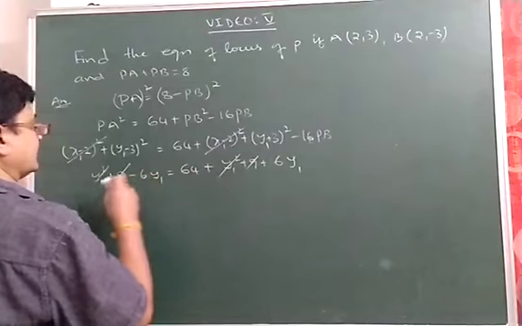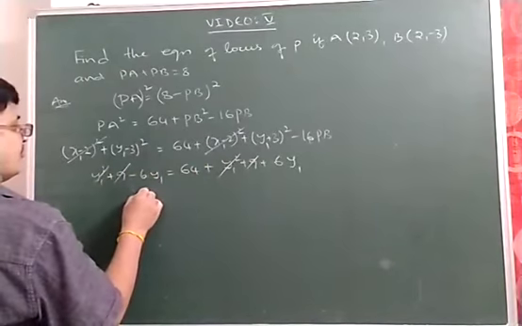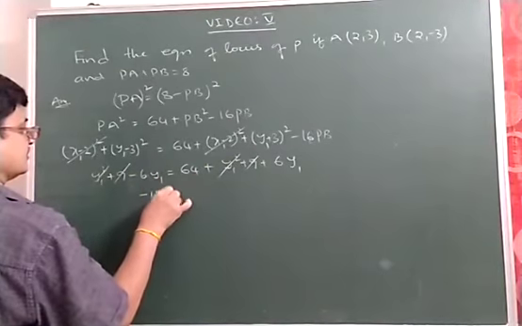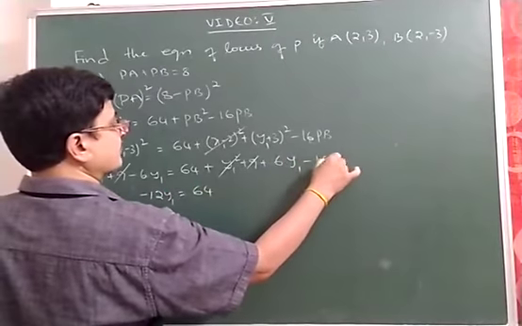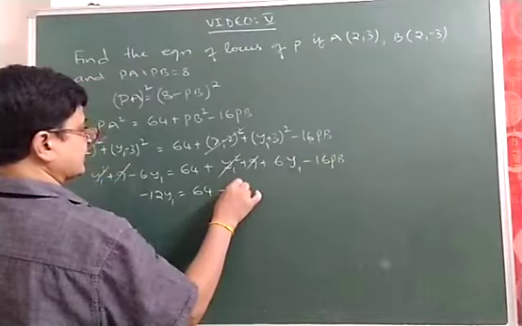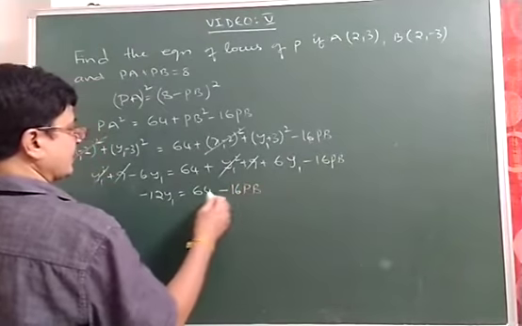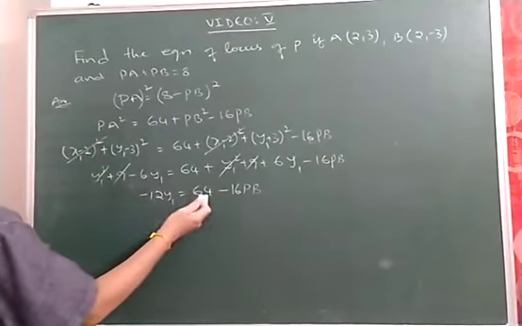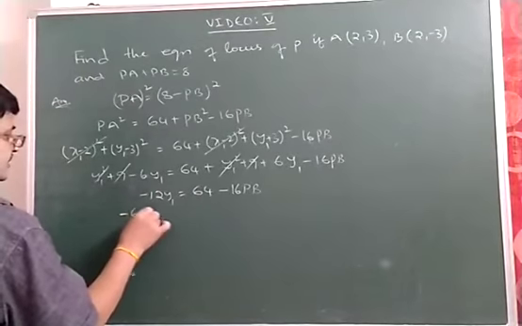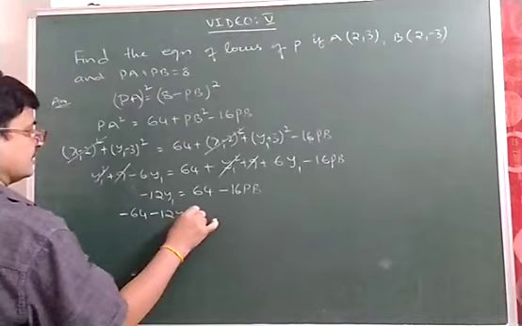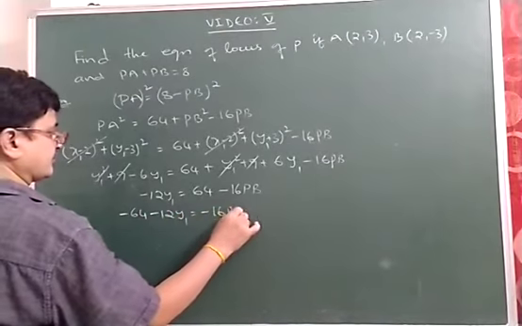Now it is taken into this side, minus 12 y1 is equal to 64 minus 16 PB. Now minus 64 can also be taken into this side, 64 minus 12 y1 equal to minus 16 PB.